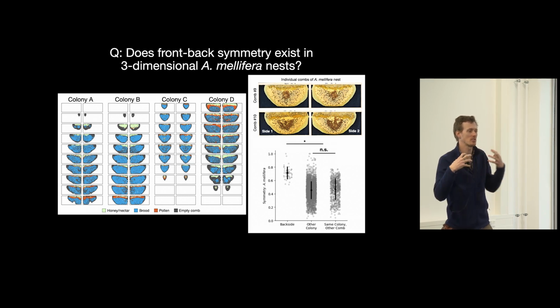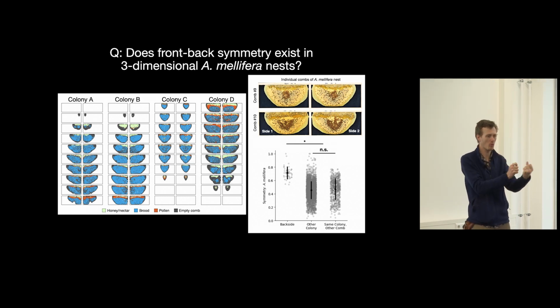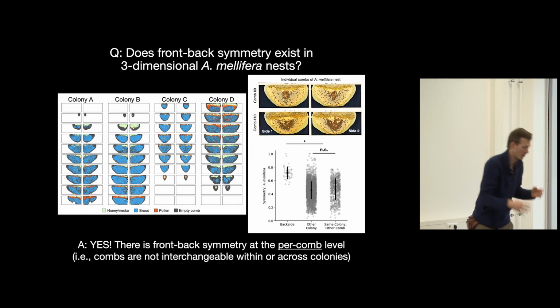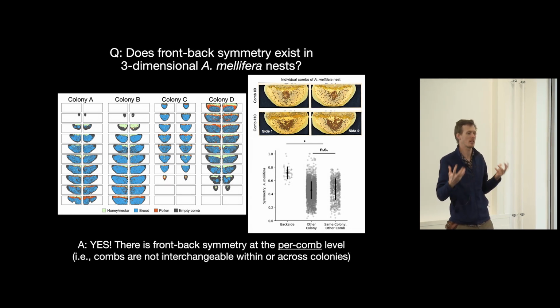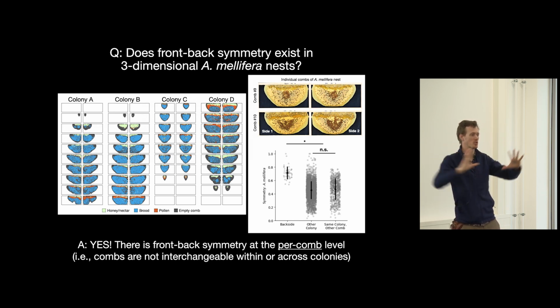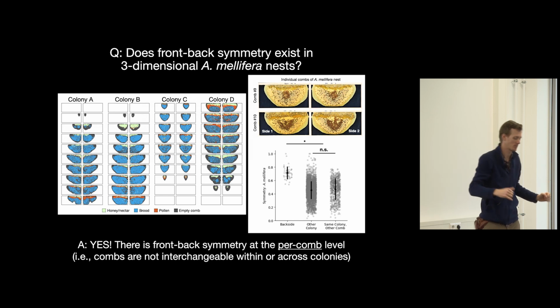So the bees are creating symmetry at a per comb level, not that they're interchangeable everywhere, okay? So this front-back symmetry was important even in a three-dimensional nest, and when we put them in an observation hive, we're just showing that same comb symmetry, but now in their entire nest.